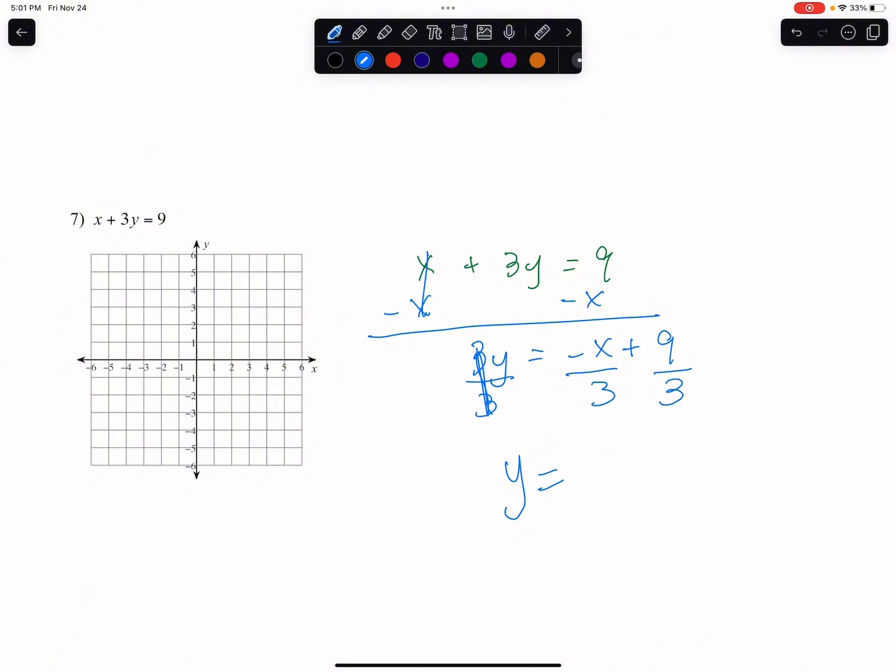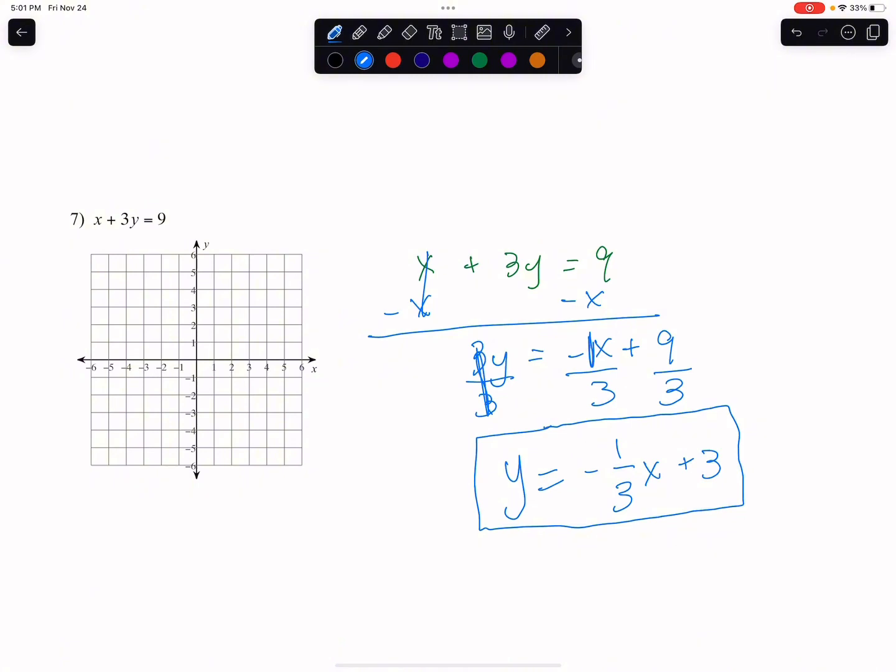The number in front of x is really a minus 1, so I could do a negative 1/3 x. 9 divided by 3 is a positive 3. So I'm going to start at positive 3. Down 1, right 3. Up 1, left 3. And then there's our line.